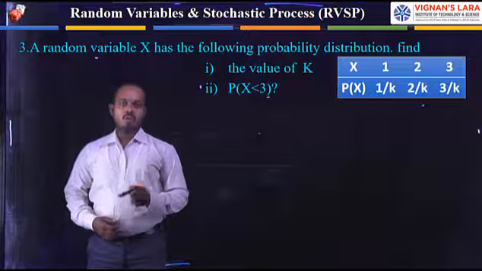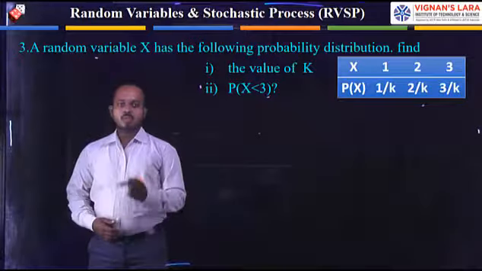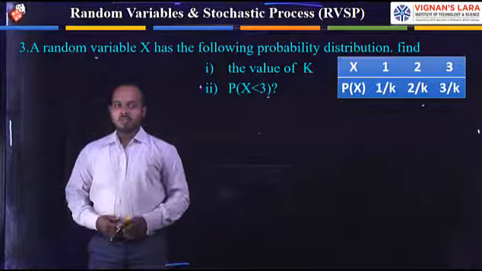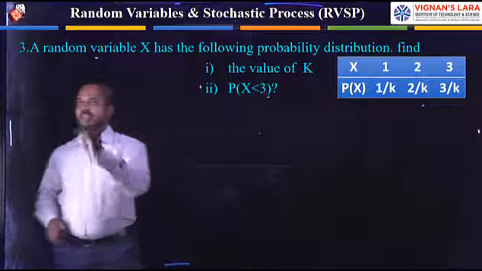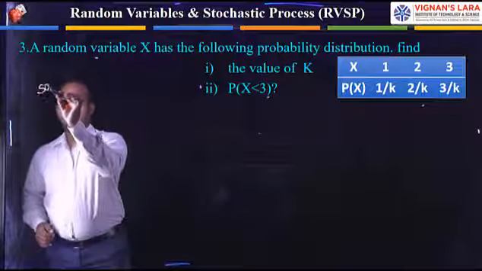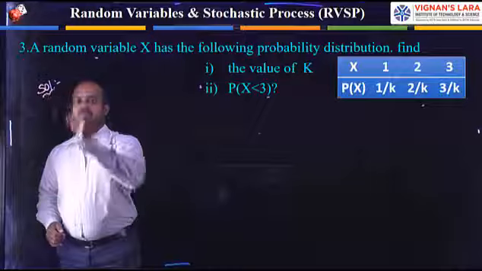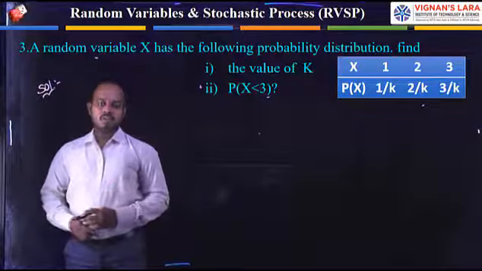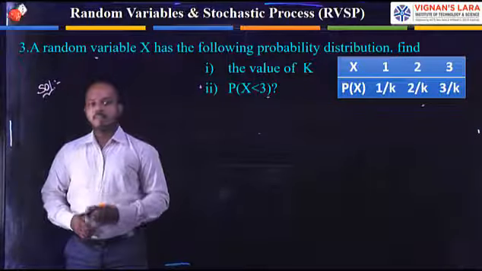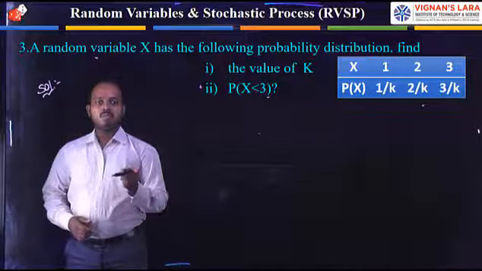Now we are simplifying this using the axioms of probability theory. First, here I am making the solution. What is given is the probability distribution function.